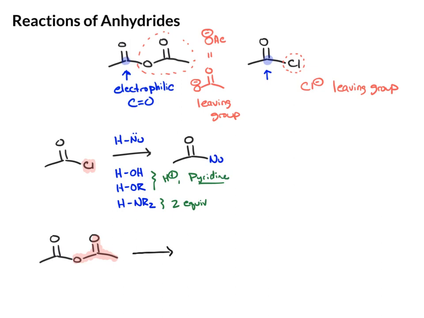But it's very similar that we can use a nucleophile that has a hydrogen on it, because the hydrogen gets lost and the nucleophile is added to the carbonyl. And likewise, we can use the same nucleophiles like water, alcohol, or amines.